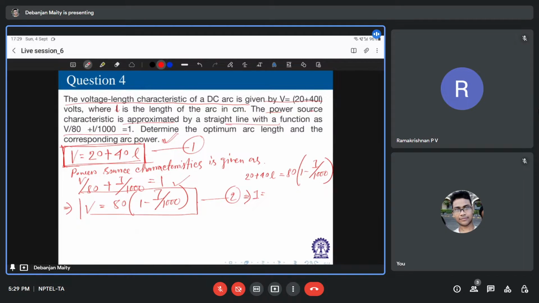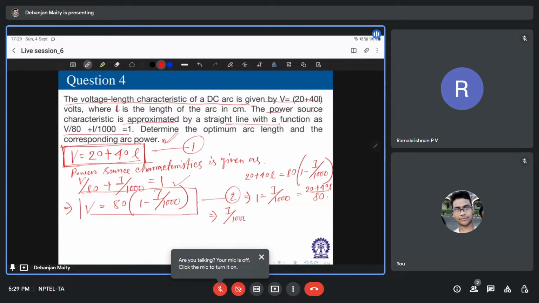Let's do it step by step. 1 minus I by 1000 into 20 plus 40L by 80.